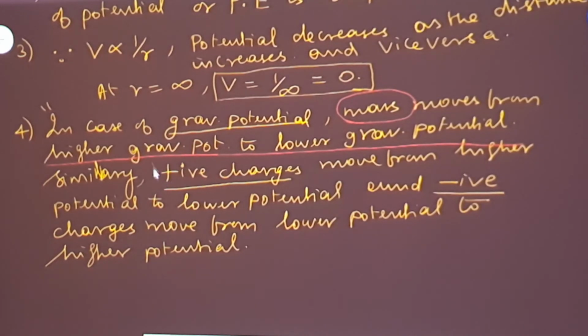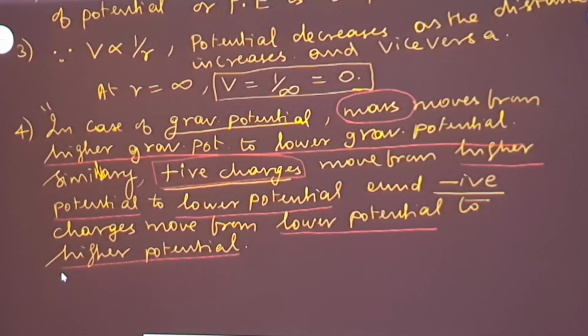Similarly, positive charges in an electrical field always move from the point where the potential is higher to the point at lower potential. If you are considering a negative charge, then the charge will move from the lower potential to the higher potential.